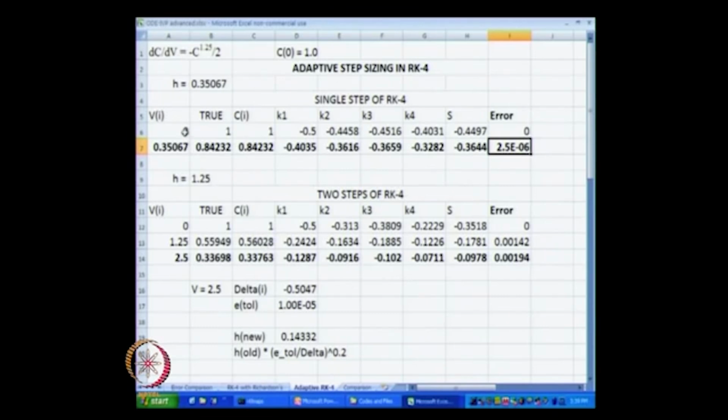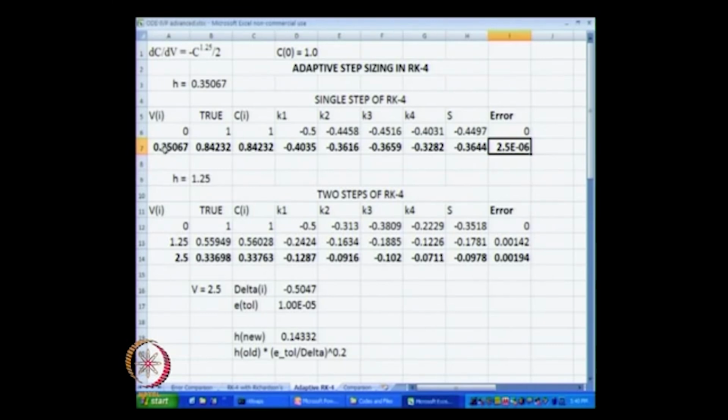Okay. So, once we use this h equal to 0.35, okay, we go on to the next step, we will use h equal to 0.35 once again and h equal to 0.7 once again. So, from 0.35 we will go to 0.7, and from 0.7 to 1.05.